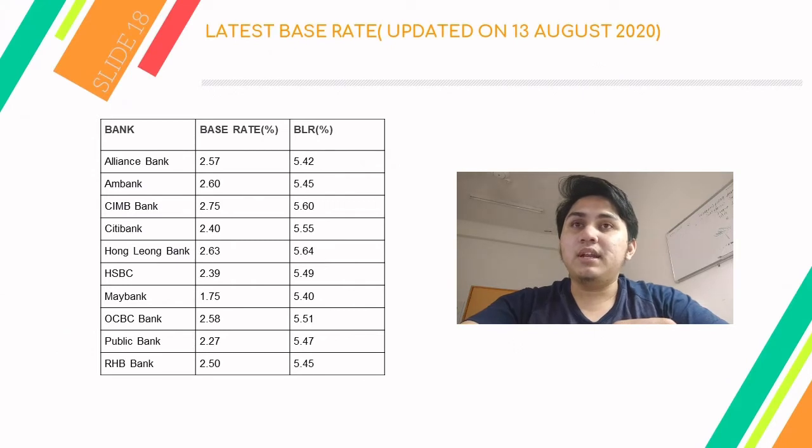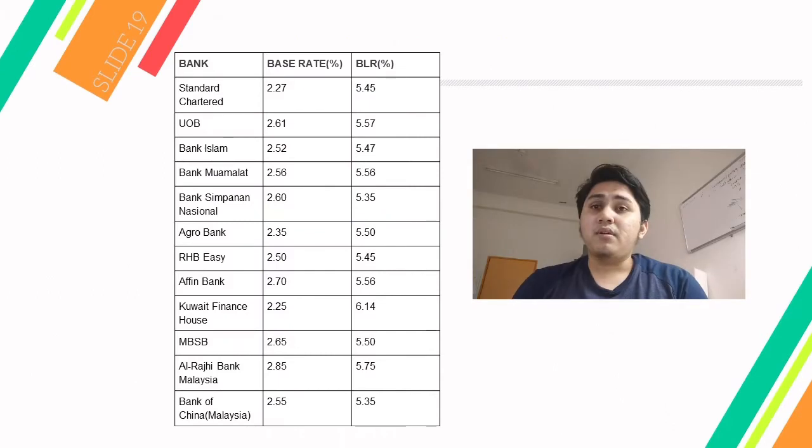These are the latest base rates updated on August 2020. Affin Bank was 2.57%, AmBank 2.60%, CIMB Bank 2.75%, Citibank 2.40%, Hong Leong Bank 2.63%, HSBC 2.39%, Maybank 1.75%, OCBC Bank 2.58%, Public Bank 2.27%, RHB Bank 2.50%. Okay, continue.